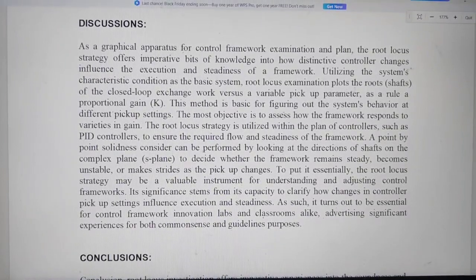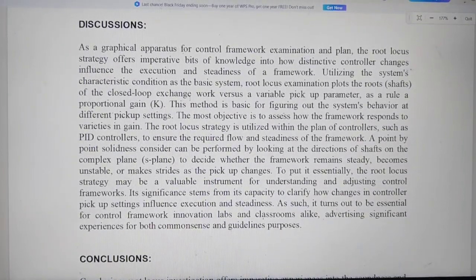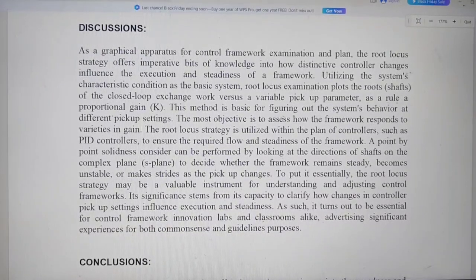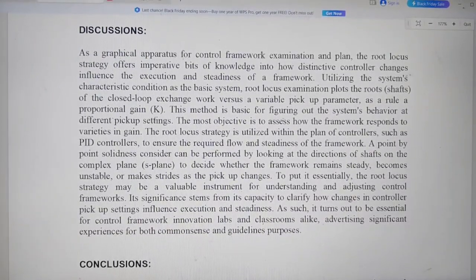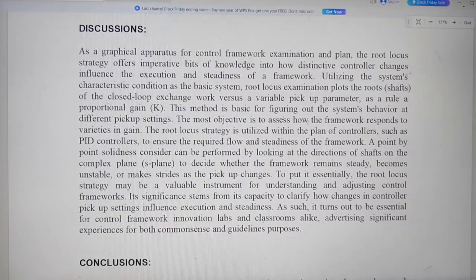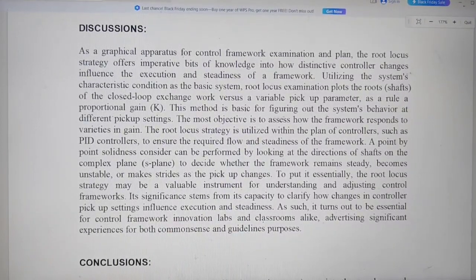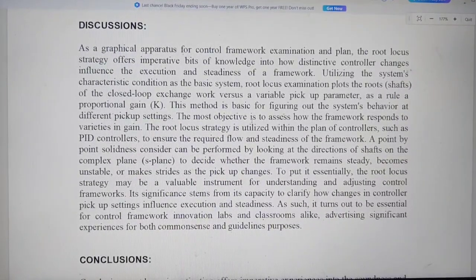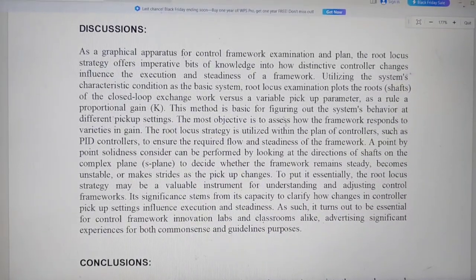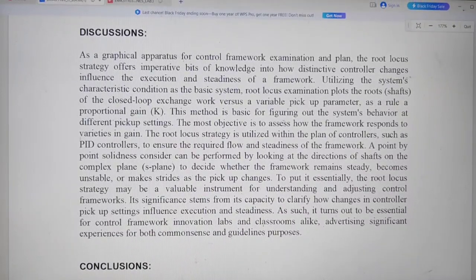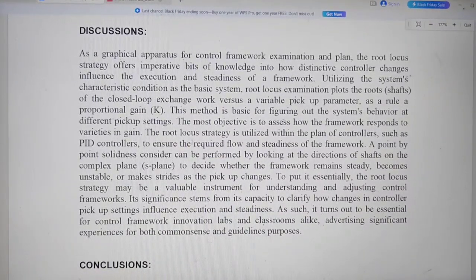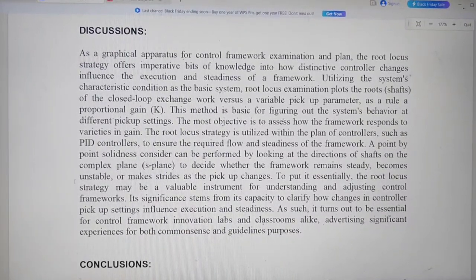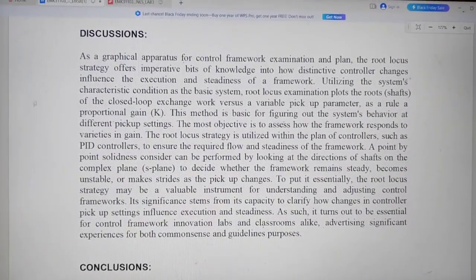Root locus analysis plots the roots of the closed loop transfer function versus a variable gain parameter, usually a proportional gain k. This method is essential for understanding system behavior at different gain settings. The main objective is to assess how the system responds to variations in gain. The root locus method is used in the design of controllers such as the PID controller.